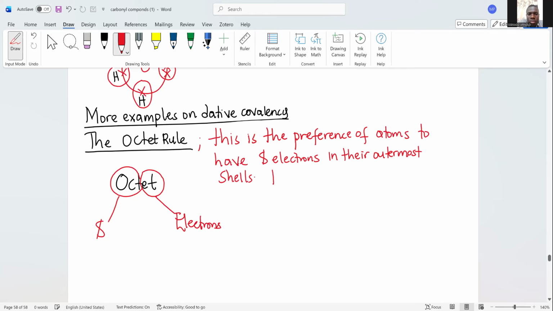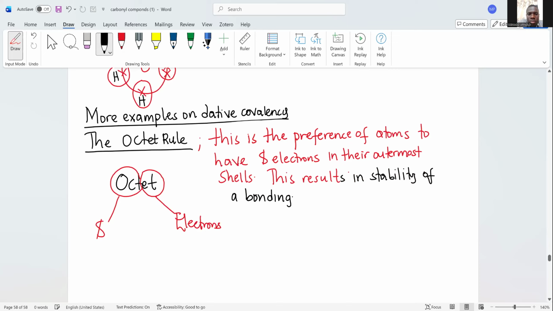So this results in stability of bonding atoms.